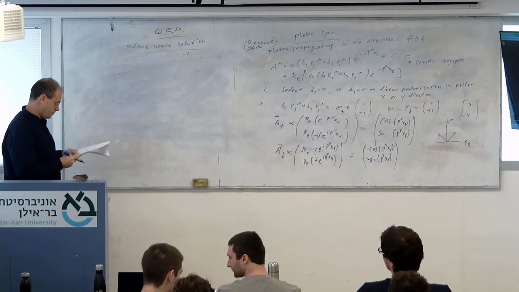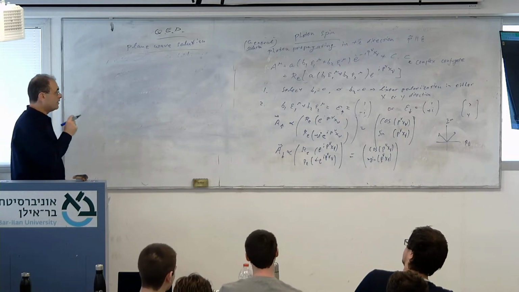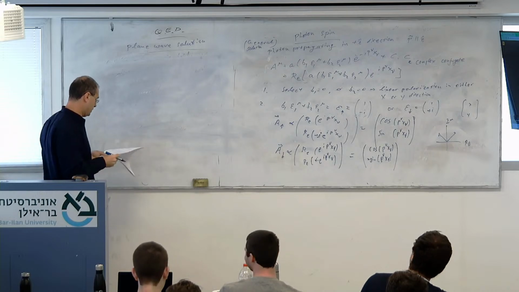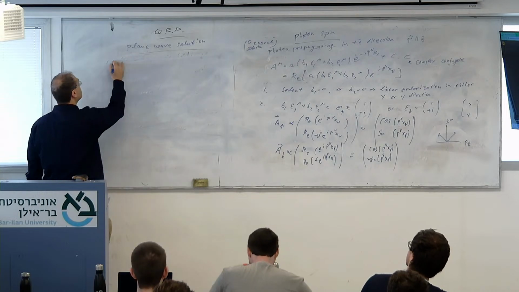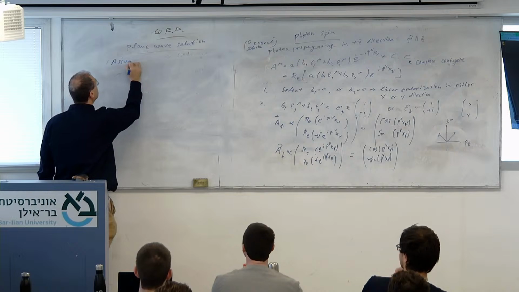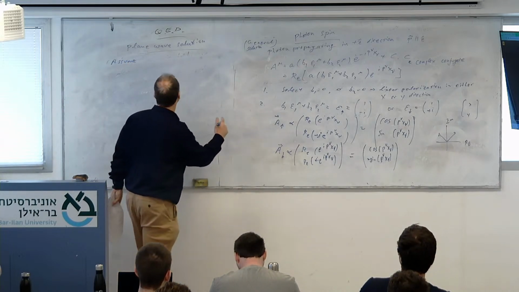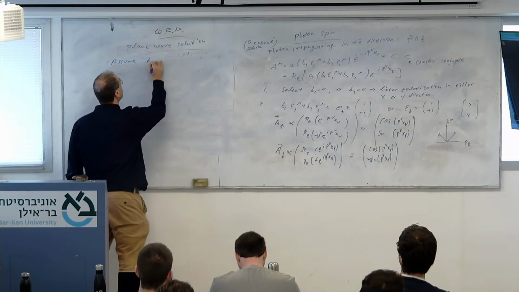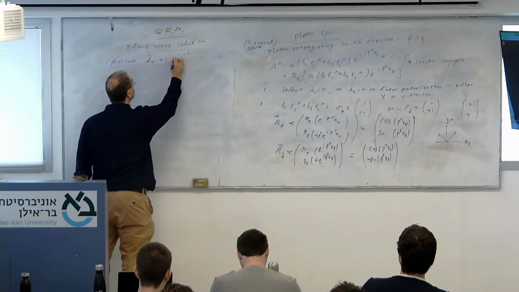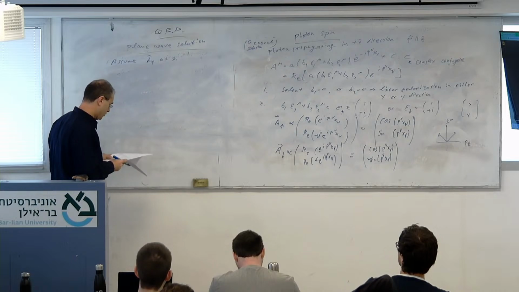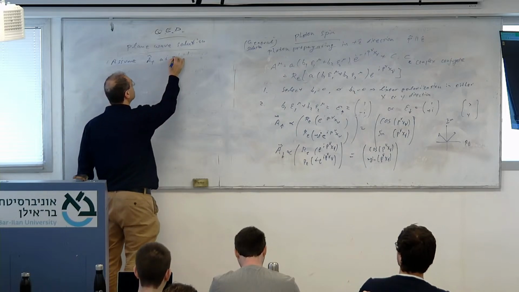Now, let's assume that the vector has a state A up at some location x. It's a vector.